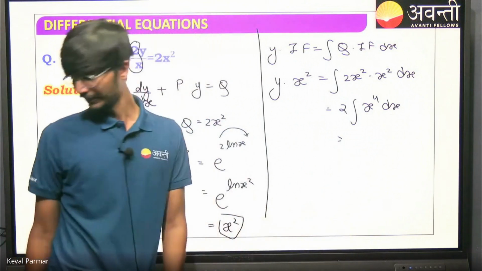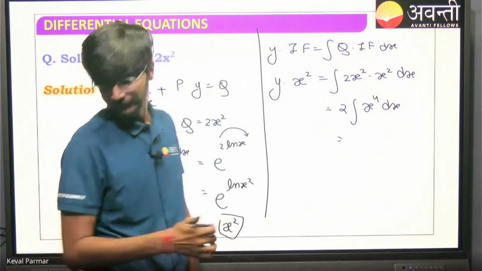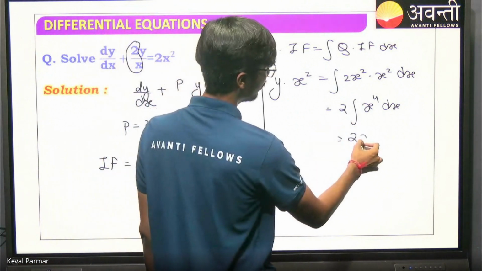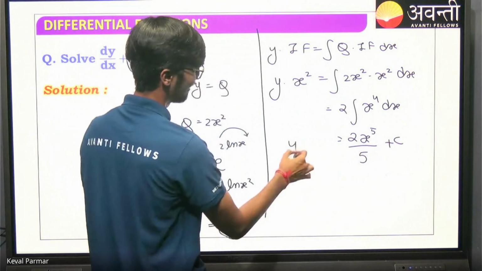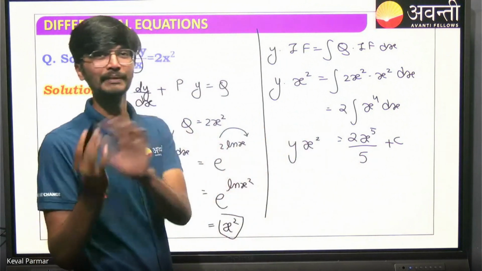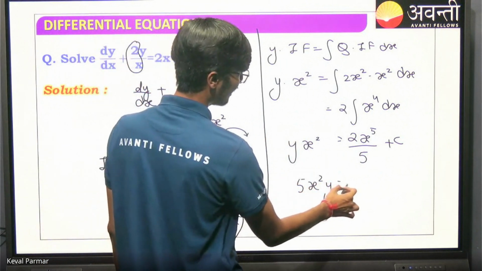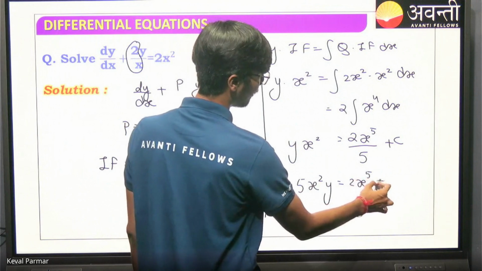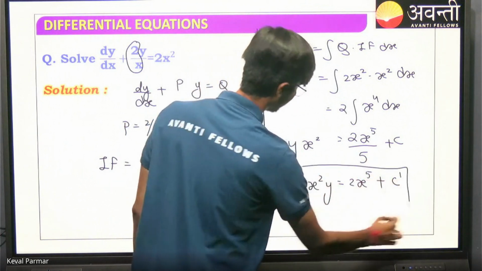What is the integration of x⁴? 2 into x⁵/5. Superb. So 2x⁵/5 plus c. So if we cross multiply, I don't like denominators, so I'll get 5x² y = 2x⁵ + c', where c becomes c dash. So this is my answer.